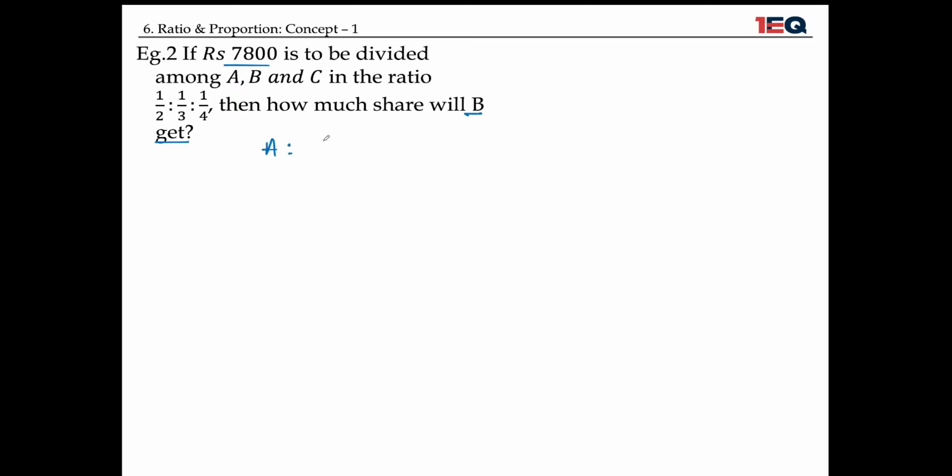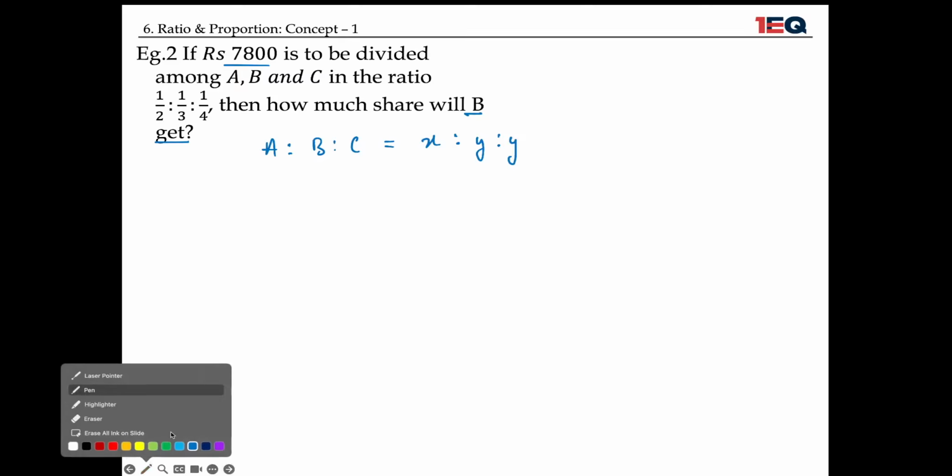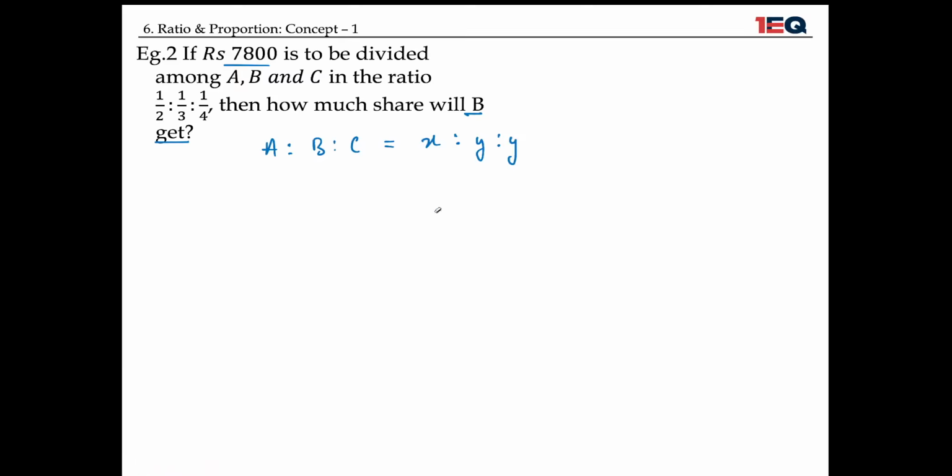When the ratio of a is to b is to c is written, if this ratio is equal to x is to y is to z, at that time we can assume that directly the value of a is proportional to x, the value of b is proportional to y, and the value of c is proportional to z.